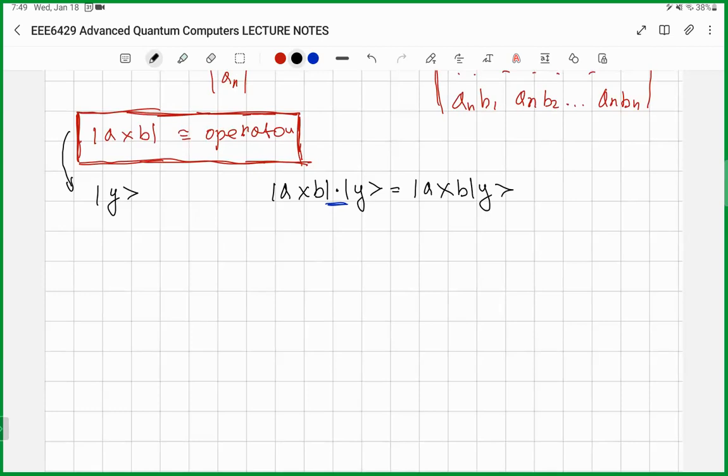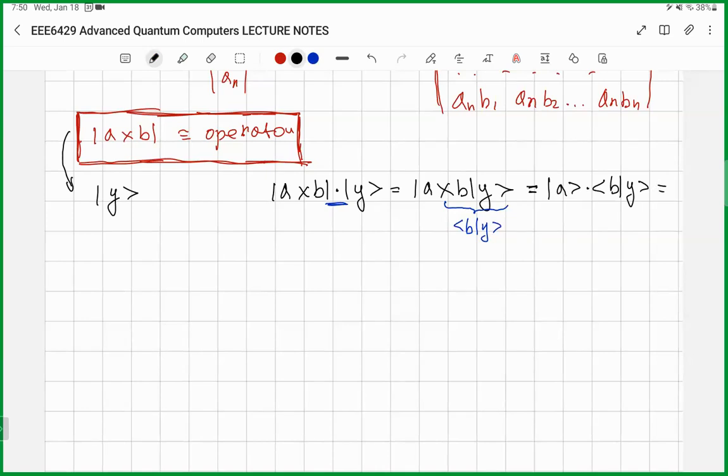But on the other hand, now I see that this part is actually the inner product of vector b and vector y. So this is the inner product. And I can rewrite this as two parts: this ket vector times this bra-ket inner product.